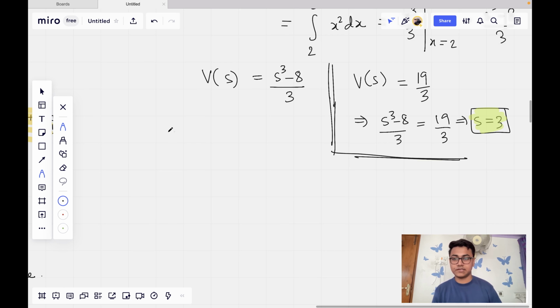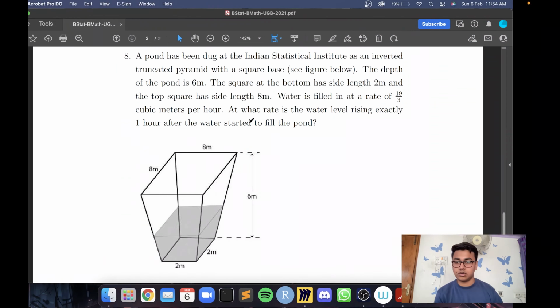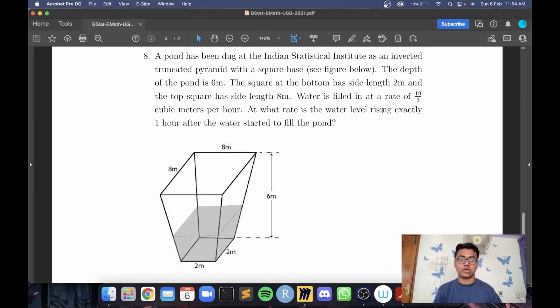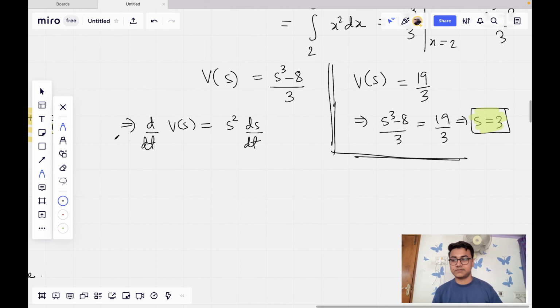Differentiating both sides with respect to time gives us d by dt of V of s equal to 3s squared ds by dt, a very simple derivative. We want the value of ds by dt, that is the rate of change of height with time, or as the question asks, at what rate is the water level rising.